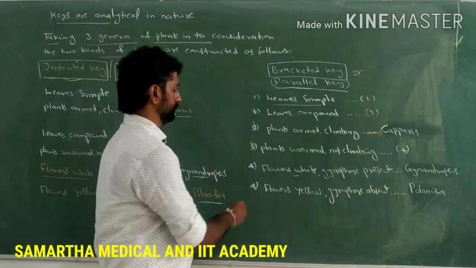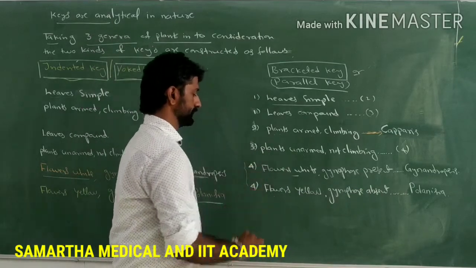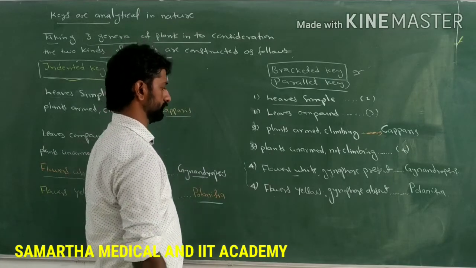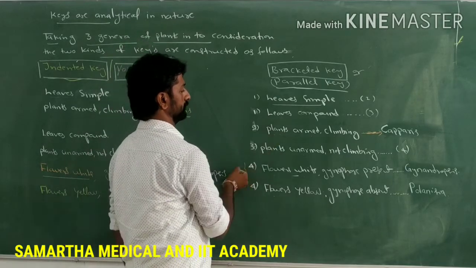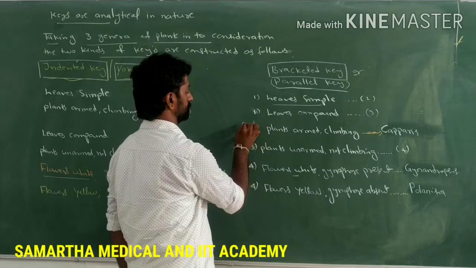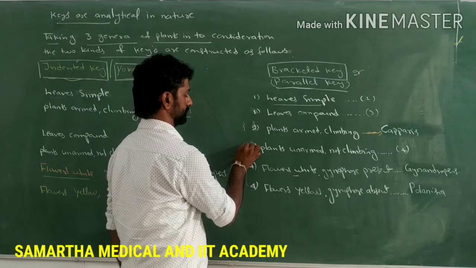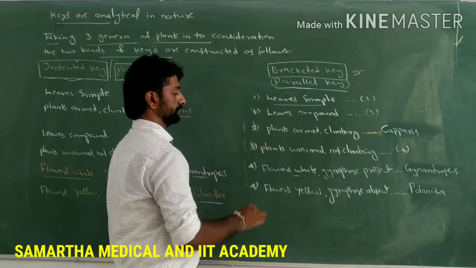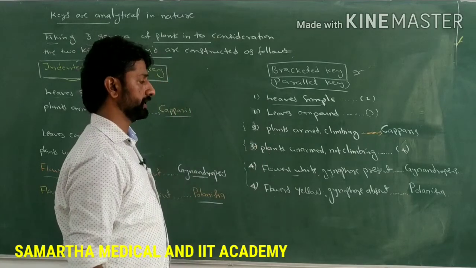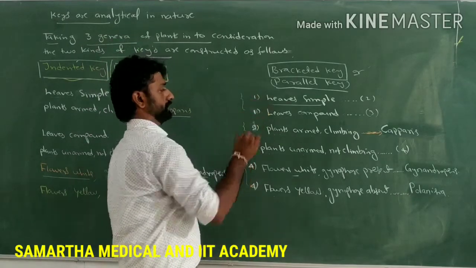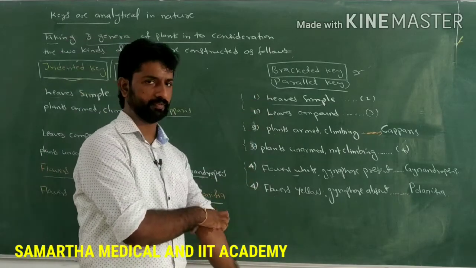See, the character of the flower, let's consider this as one character or one sentence. Next here, plants armed and climbing as the other lead or sentence. Plants unarmed and not climbing as another sentence, and then leaves as one character, one sentence.